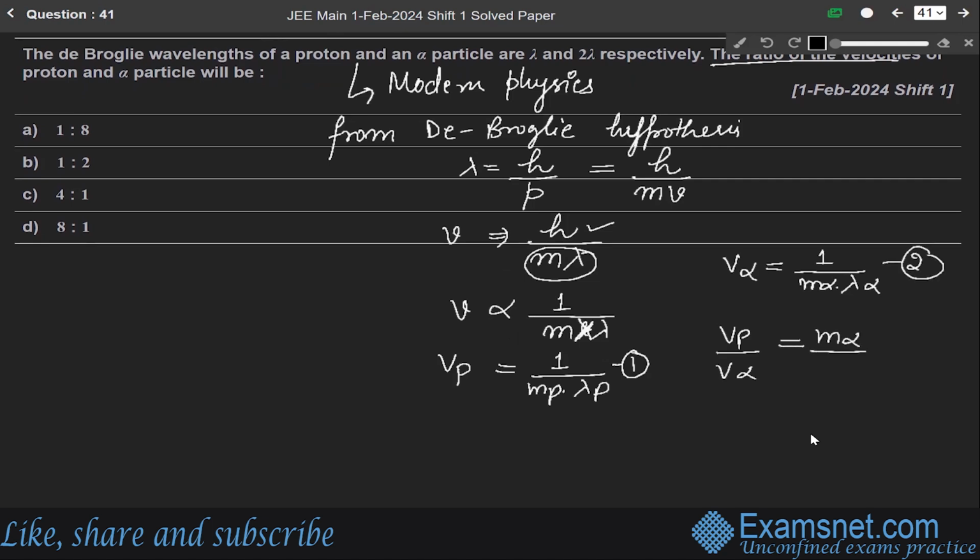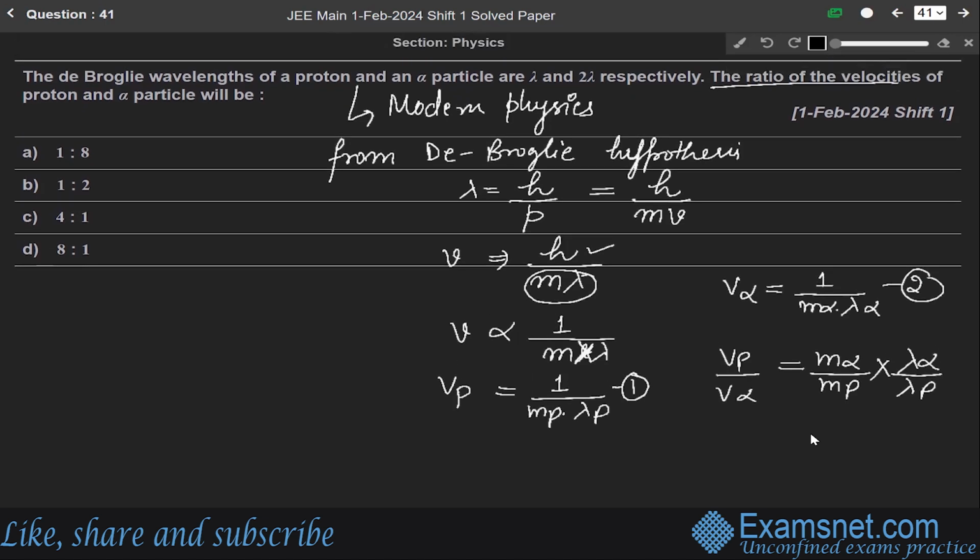M alpha over Mp into lambda alpha over lambda p. Now putting the values, the wavelengths are lambda and 2 lambda respectively, so it will be M alpha over Mp into, proton is of lambda and alpha is of 2 lambda.